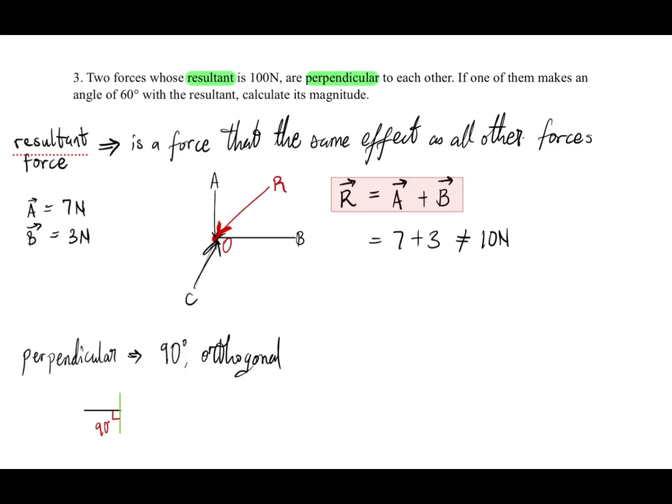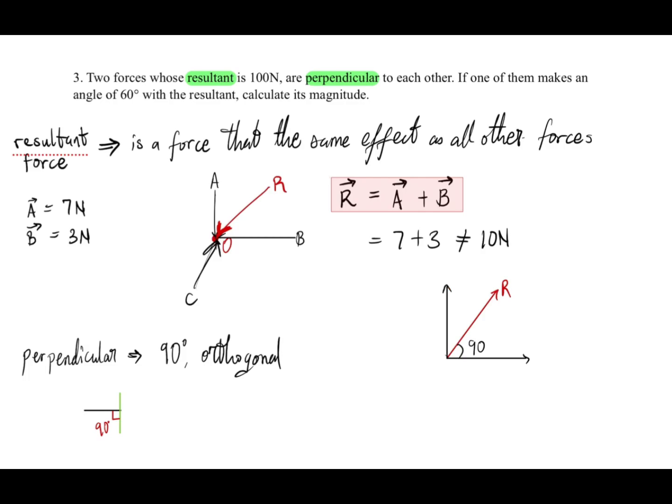So we have the resultant vector, which we call R. And now we know that one of the forces makes an angle of 60 degrees with it.